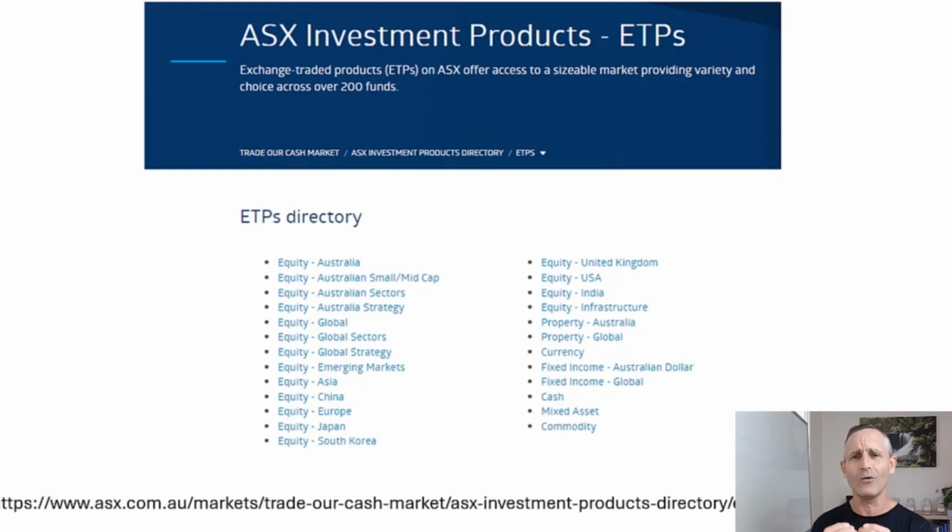So rather than getting stuck in the weeds, let's look big picture, high level, and eliminate the categories. Now, down the bottom here, you will see a link. That link is also in the description below this video, where you can go and find the list that I'm about to show you of all the exchange traded products so that you can go through and do this process yourself. Okay, so let's first start eliminating the different groups or different categories that we're not interested in.